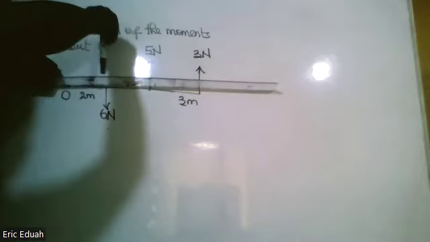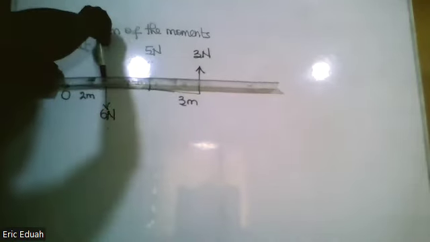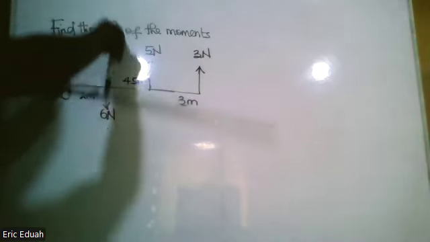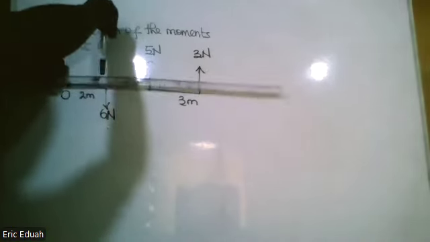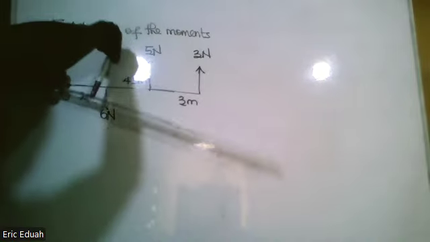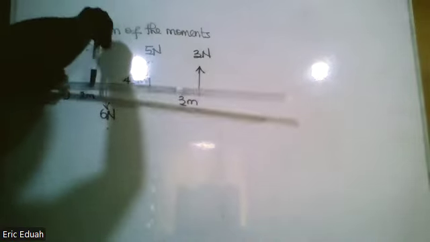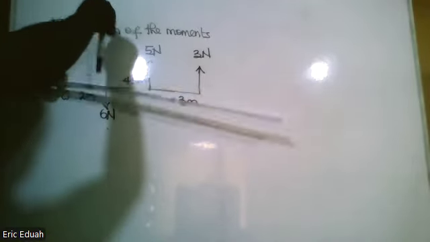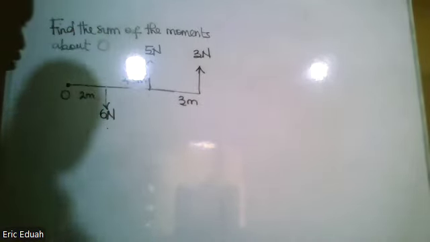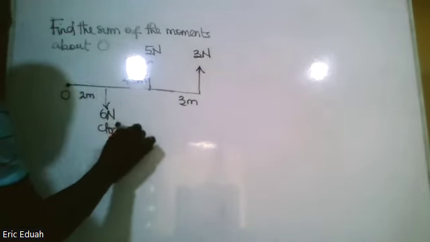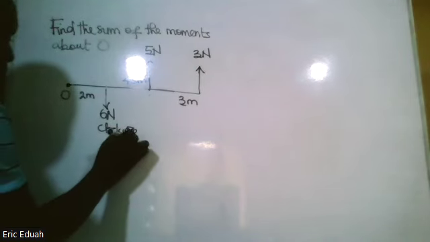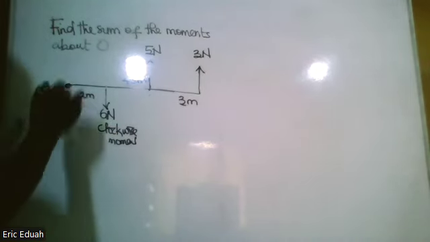Assuming the marker represents the force, if I push it in the direction of the 6 Newton, is the bar turning upward or downward? Clockwise. So this will give us clockwise movement. The axis of rotation is around O.